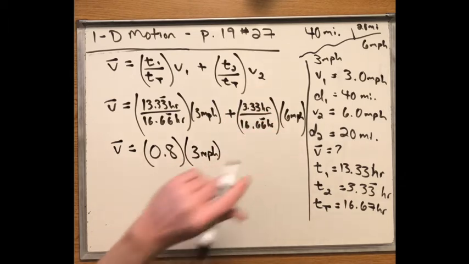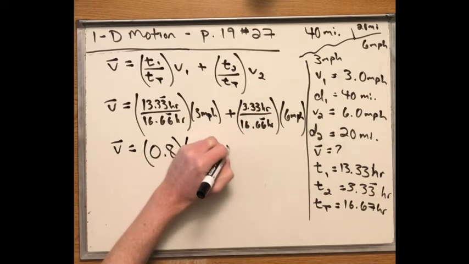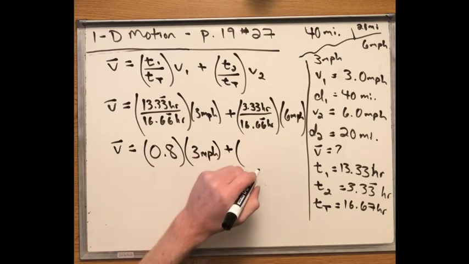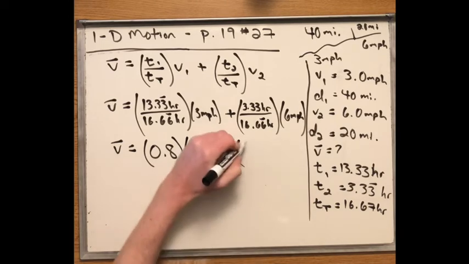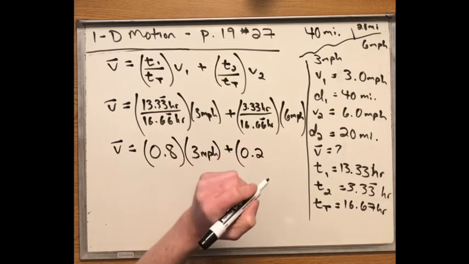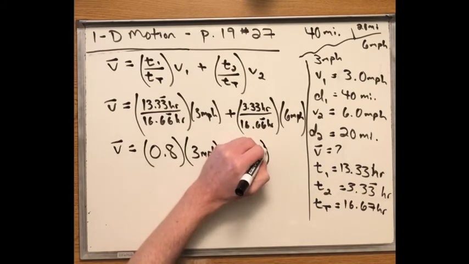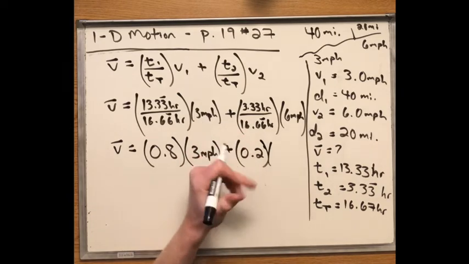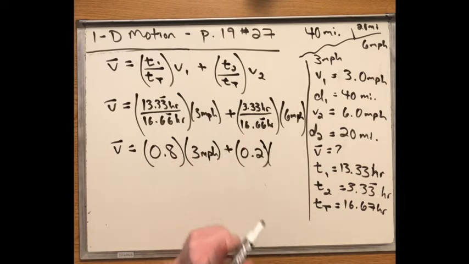Whereas 3 1/3, if you put in your calculator all the repeating decimals, divided by 16 2/3, is actually only 0.2. So they only spend 20% of the time at 6 miles an hour, which makes sense because they're going a smaller distance and they're covering that smaller distance at a larger speed.